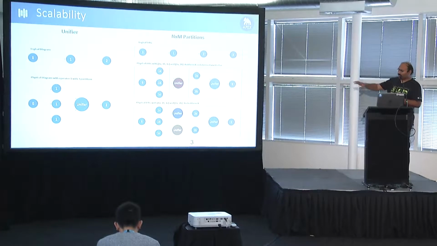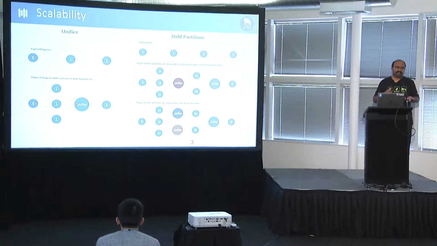Now, if we extend the unifier paradigm to this one, we could bring all the data to a single unifier and then split it up again, but that will cause a bottleneck, right? And typically, with big data, you always find a way to partition or segregate data, usually key-based or something like that. So in this case, a much better approach is to use separate unifiers, and each unifier only takes the subset of the data that is intended for the downstream partition.